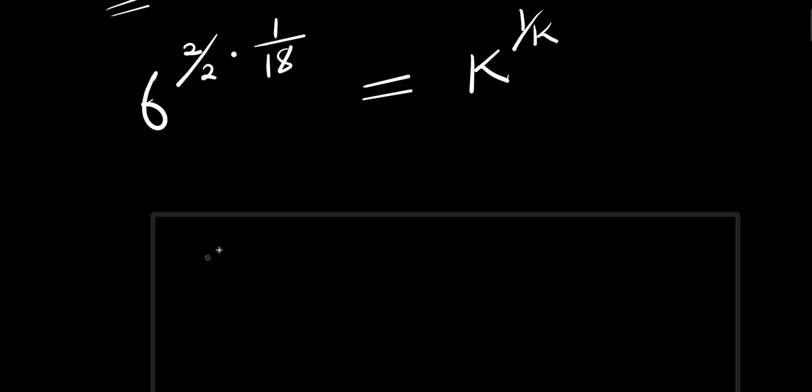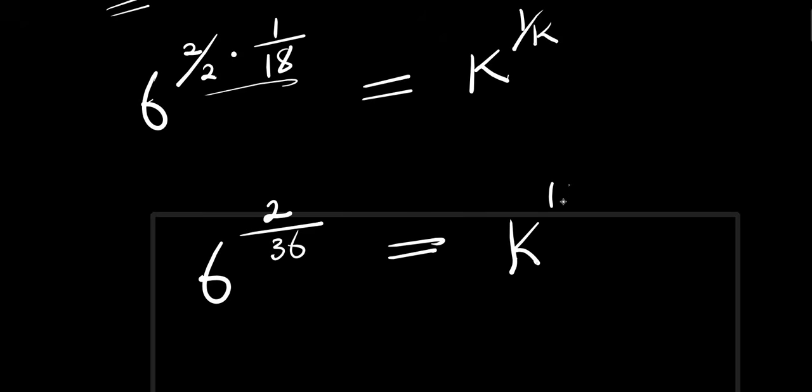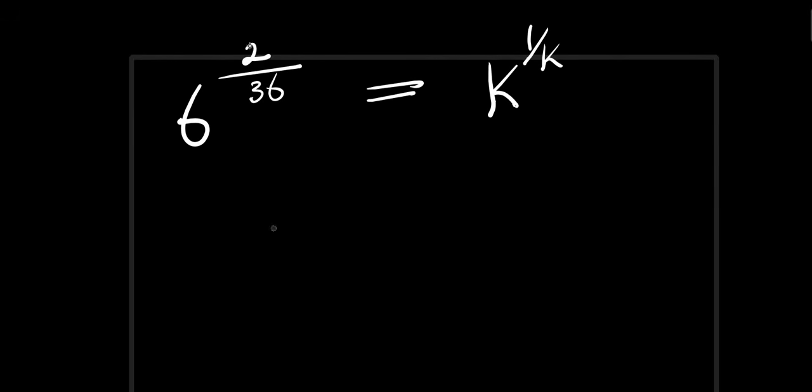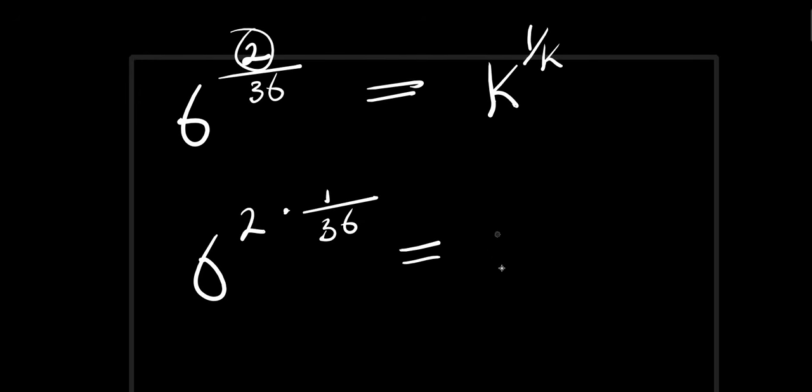So from here, we have 6 power 2 times 1, that is 2, divided by 2 times 18, we have 36, equals k power 1 over k. Let's factor out 2 here. I have 6 power 2 times 1 over 36 equals k power 1 over k.